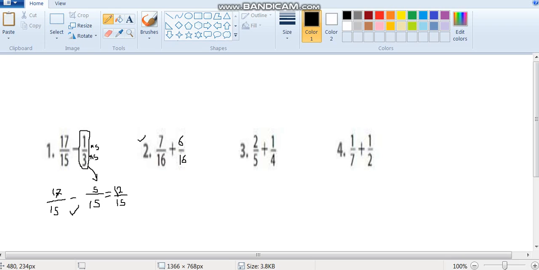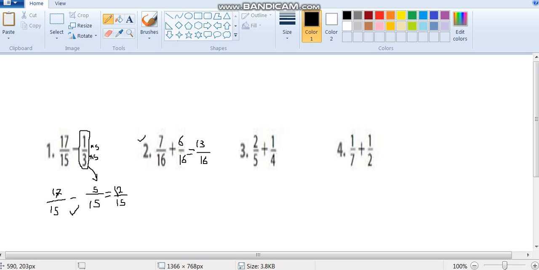Now the problem is solved. You can plus them easily. 7 plus 6 will be 13. And no change will happen for the denominators. So now this kind of problem is very easy.